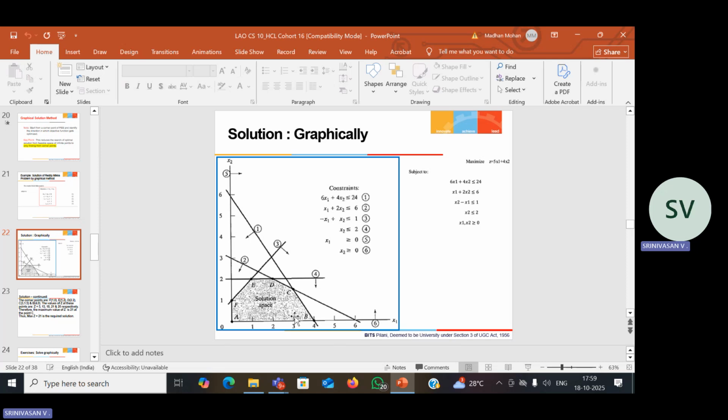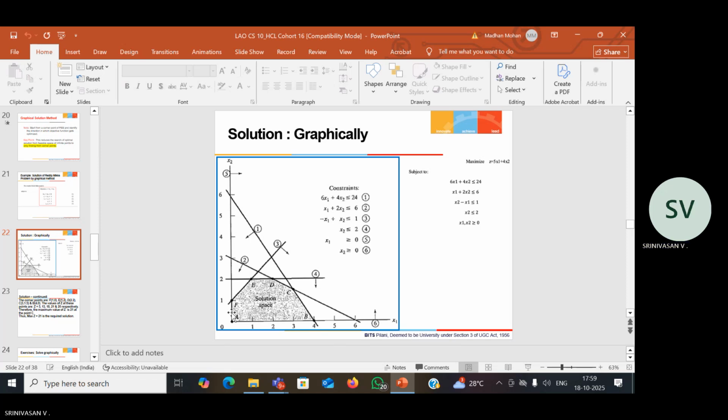They are denoted by the points A 0, 0, B 4, 0, C 3, 1.5, D 2, 2 from the second equation. Then this point is 0, 2, and E is 1, 2, from the third equation.